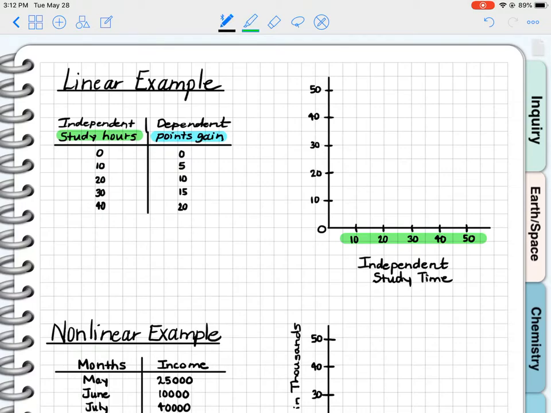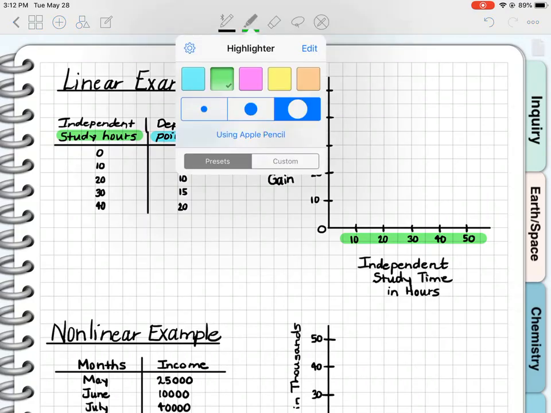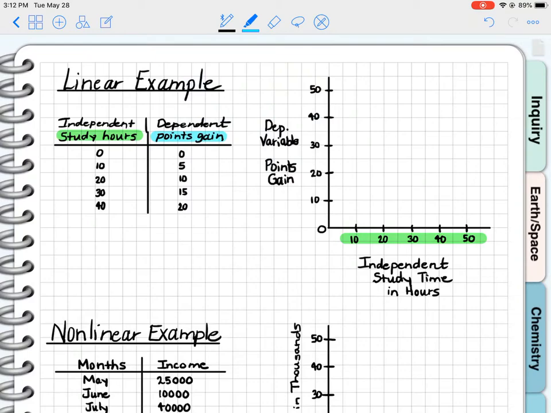So we would need to say that my study time in hours is the independent variable. Okay, the dependent variable, that's this axis, is the points that I'm going to gain. So depending on how many study hours I do, I want to be able to predict how many points that will be on the test if my prediction is true. And we've scaled those also from 0 to 50.